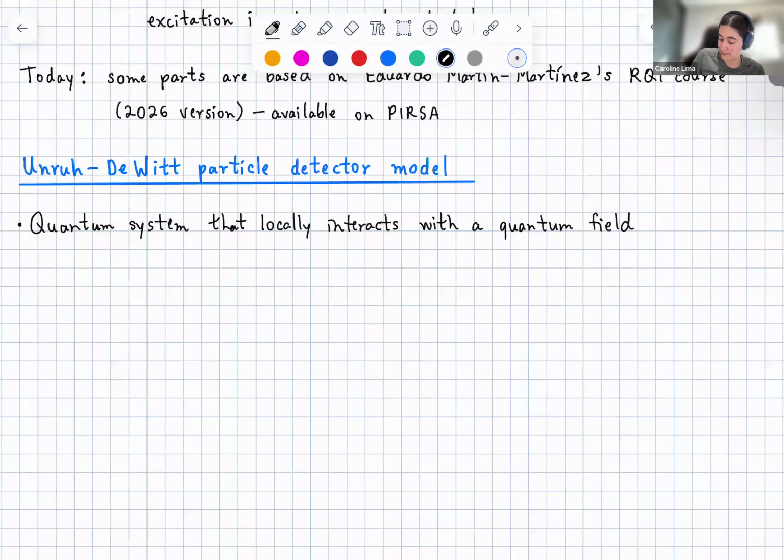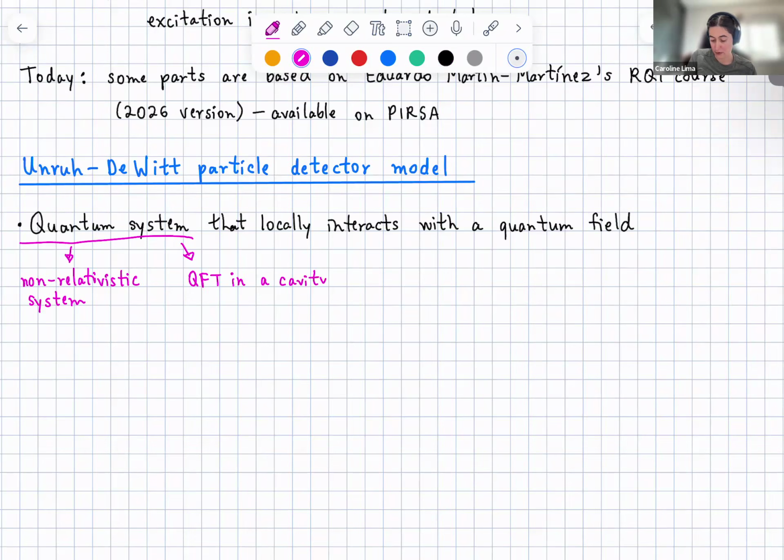Now, this quantum system, often we just consider some non-relativistic quantum system. But we can also consider a QFT in a cavity. All right.